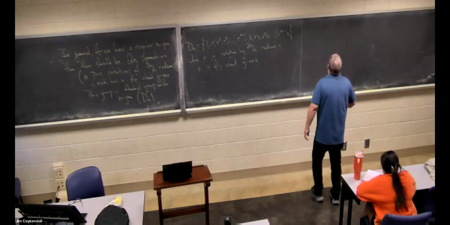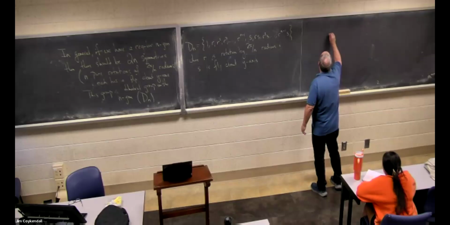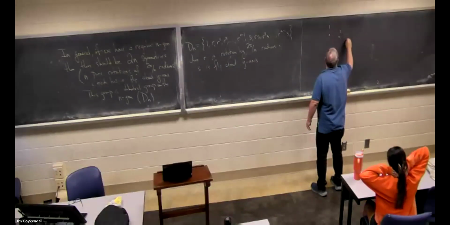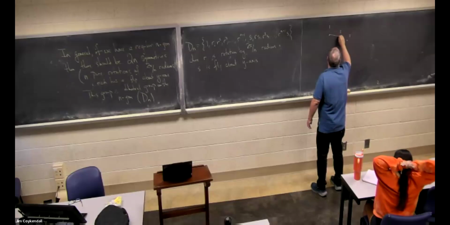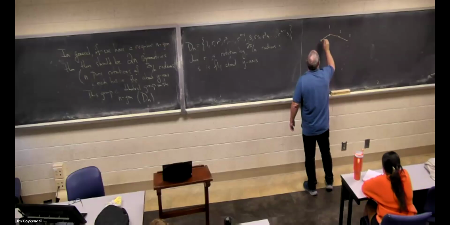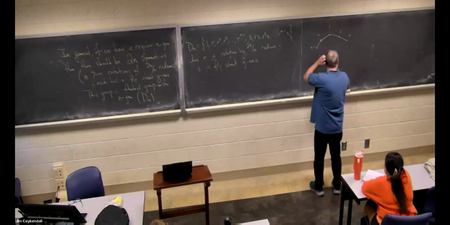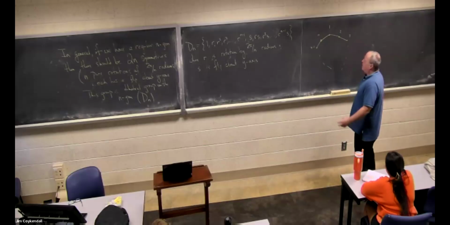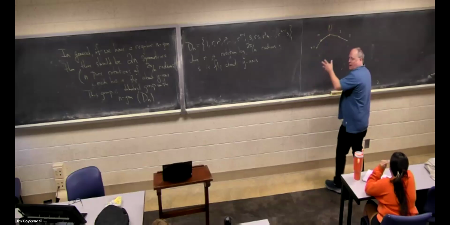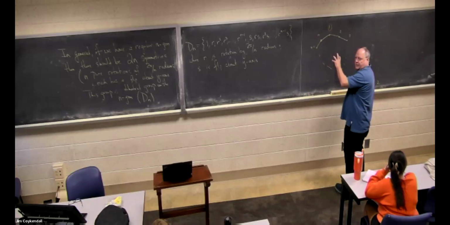So let me ask you this. Suppose we have R. So I'm going to draw this: 1, 2, 3, and so on. This is supposed to be my apex here. What happens when I do R to this?